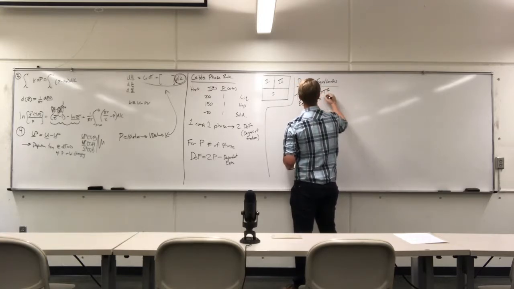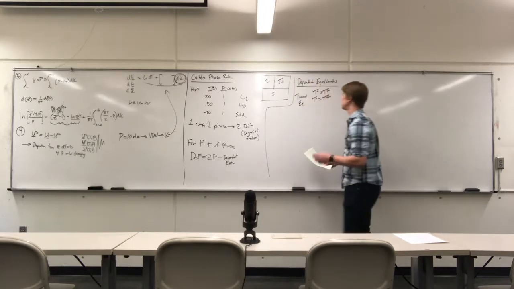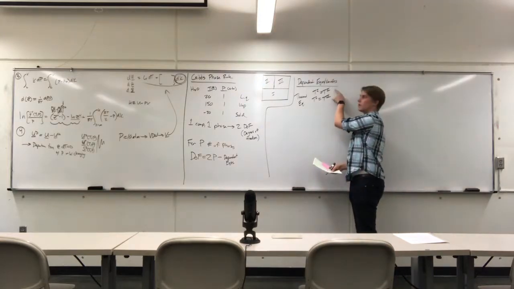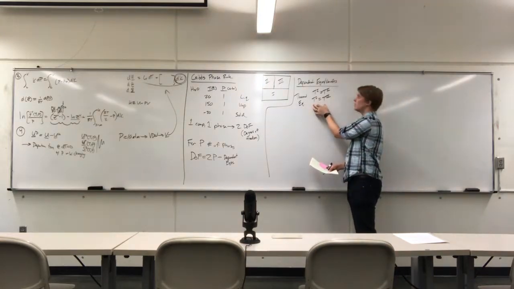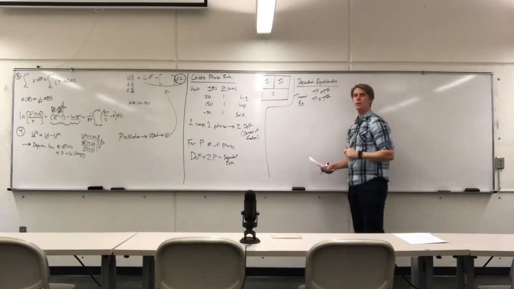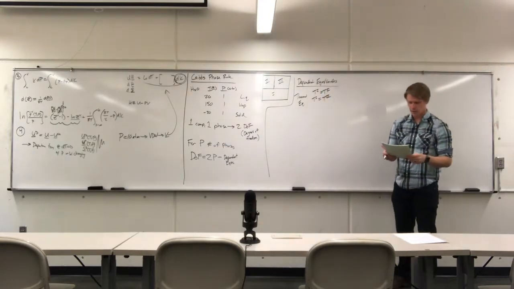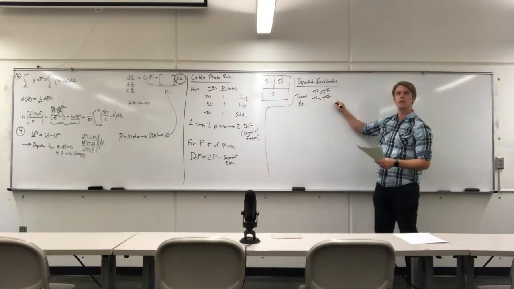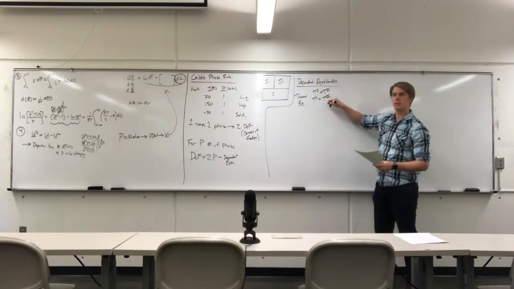Temperature of phase 1 is equal to the temperature of phase 3. Now these two equations are independent. If we added a third one here, where temperature 2 is equal to temperature 3, that's a dependent equation based on those two already. Right, so if I added these two equations up, you could get temperature 2 is equal to temperature 3.